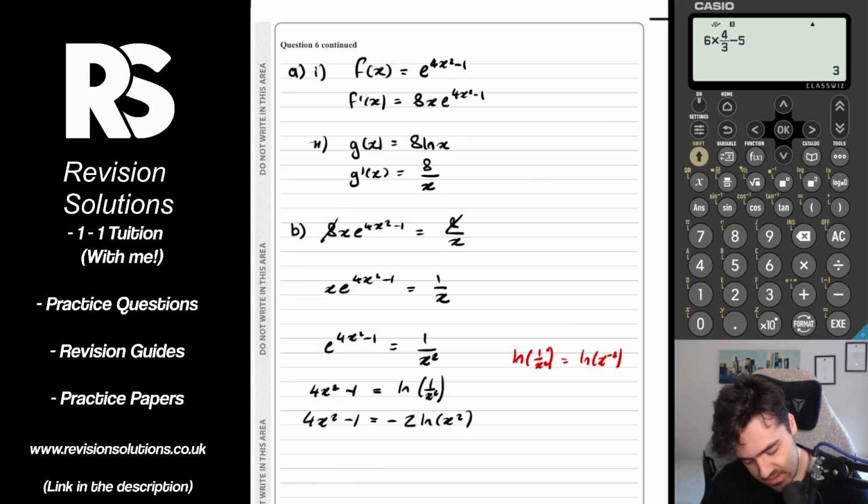And then they had their equation equal to 0. So let's bring it all to the left-hand side. Then we'd have 4x squared plus 2 ln of x. Sorry, that shouldn't be an x squared, that should just be an x, we brought the power down.